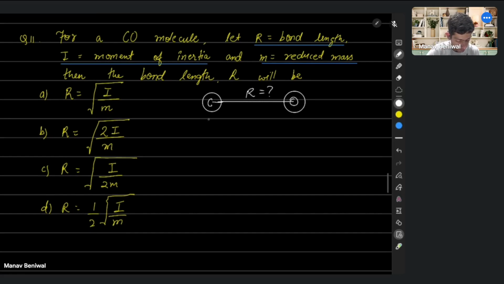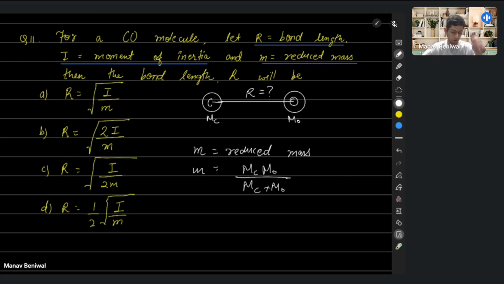Now let this be MC and this be MO. So we defined the reduced mass mu. In this case it is given as M. So M is the reduced mass, and this we know that we can find like this.